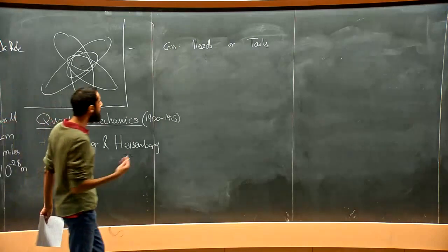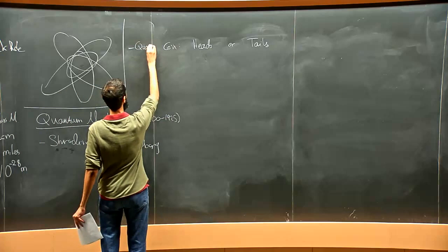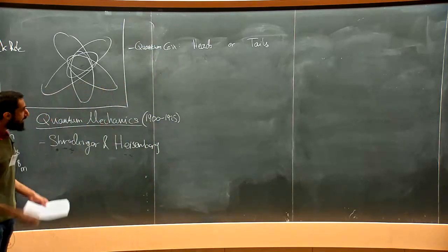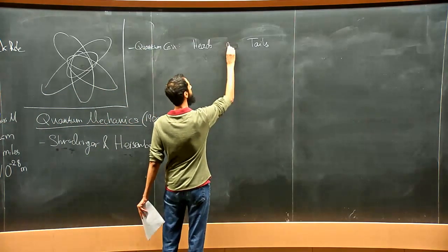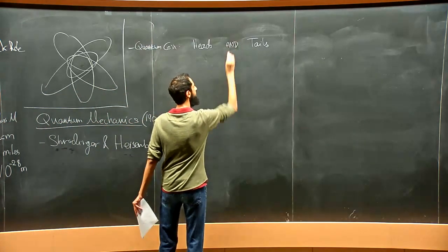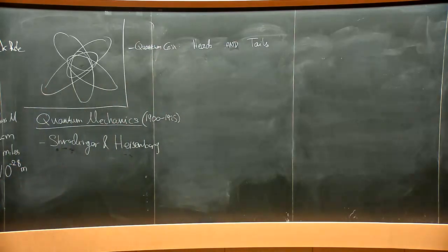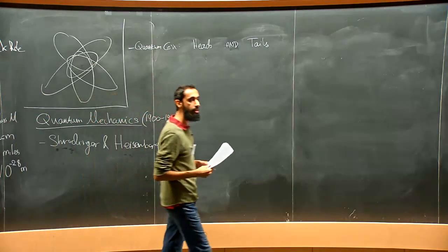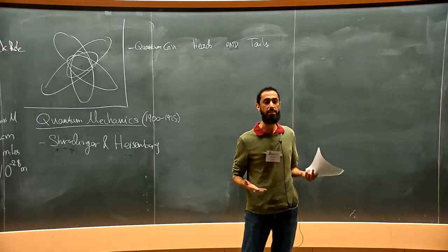So there are only these two possibilities. But in the quantum world, you have something called a quantum coin, at least what I call a quantum coin. And you can actually have both. It's heads and tails. What does that mean? It's not that if you open the box, you see it as heads and tails at the same time.